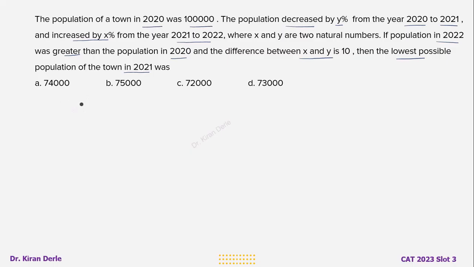See, the question is telling us that in 2020 the population of a town was 1 lakh. Okay, now it is decreased by y%, and you have some population in 2021. Now it is further increased by x% and you have some population in 2022, right?